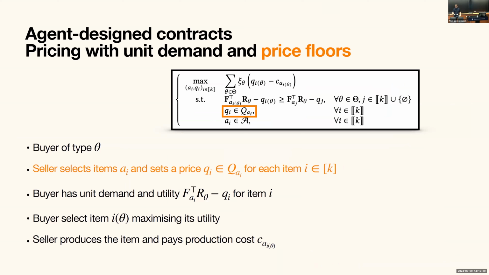We have an expected payment for each one of the actions, which are items, and these constraints on the prices are lower bounds on the price, so price floors. And the buyer has unit demand and some utility, which depends only on the action and its type. And it will decide an item to buy. And after he decided which item to buy, the seller will actually build the product and pay the cost of production.